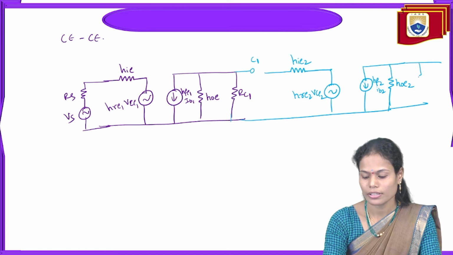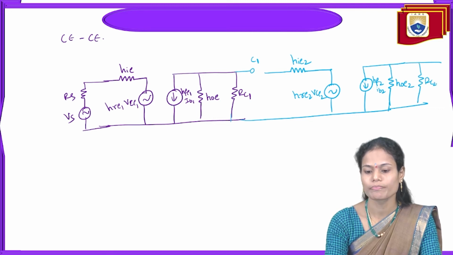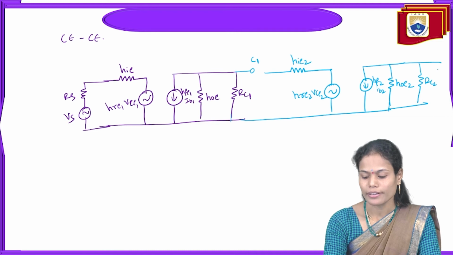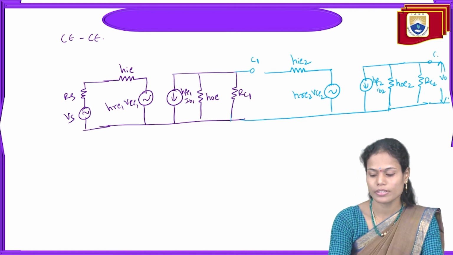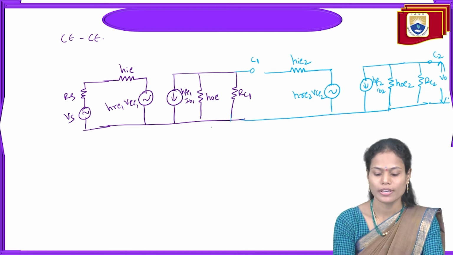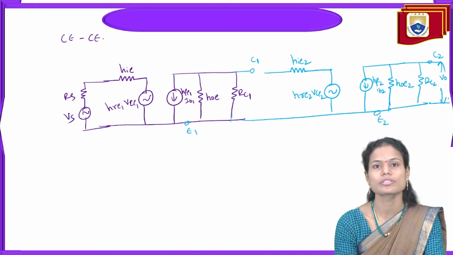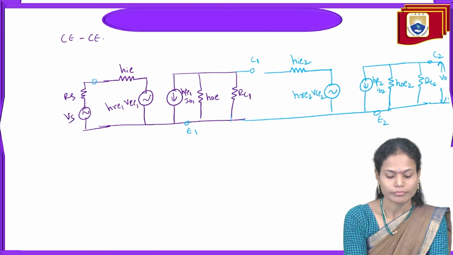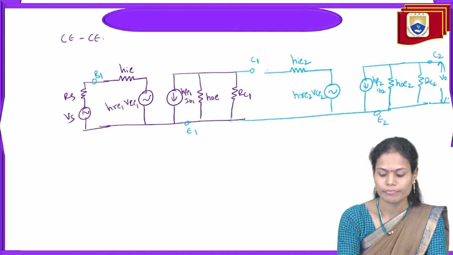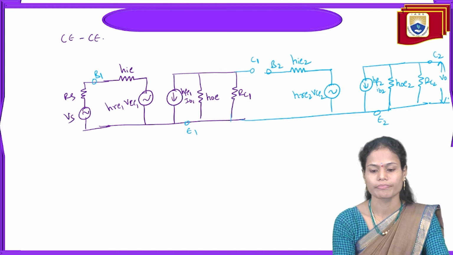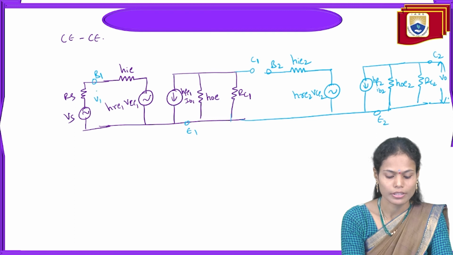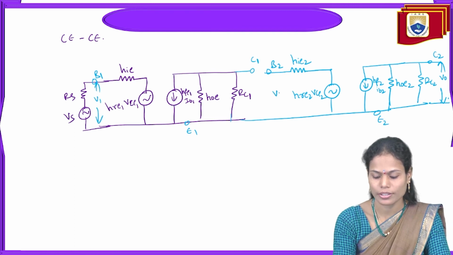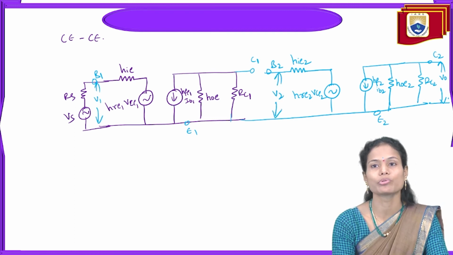So we are having the collector resistance RC2 here, and here we'll measure the output voltage. So this is the collector of the second stage, and this is the emitter of the first stage. This is the emitter of the second stage, and base 1, this is base 2 here. And here we are applying the V1 voltage, and here we are applying the V2 voltage for both the stages.